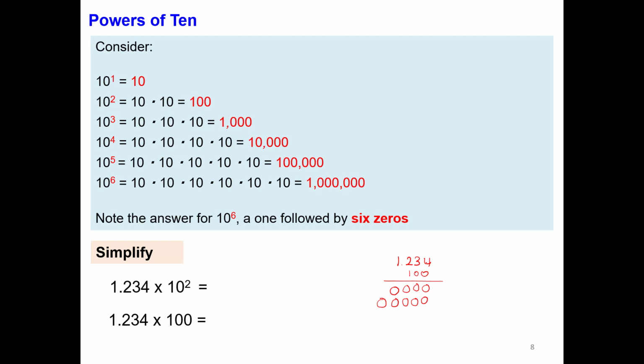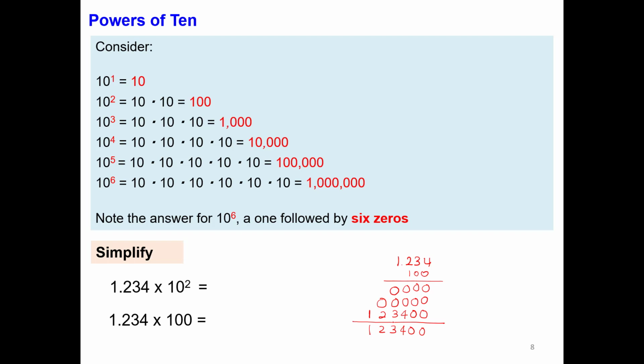Now times 1, we need to write zeros here. 1 times 4 is 4, 1 times 3 is 3, 1 times 2 is 2, 1 times 1 is 1. Add these: 0, 0, 4, 3, 2, 1.